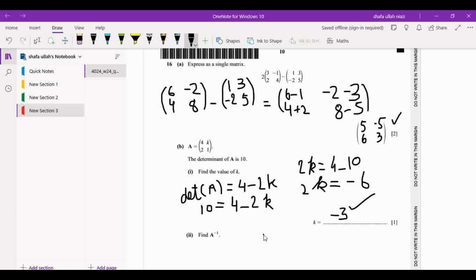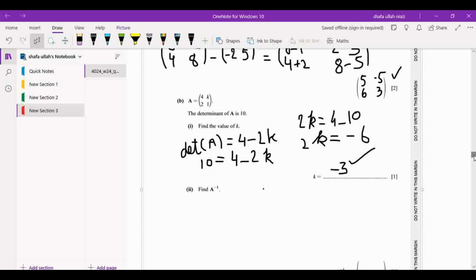Next is find the inverse of A. We have to find the A inverse. A is given as 4 minus 3 2 1 and determinant is also given. So inverse is 1 over determinant of A. We have the formula for inverse as A inverse is equal to 1 over determinant of A into adjoint.